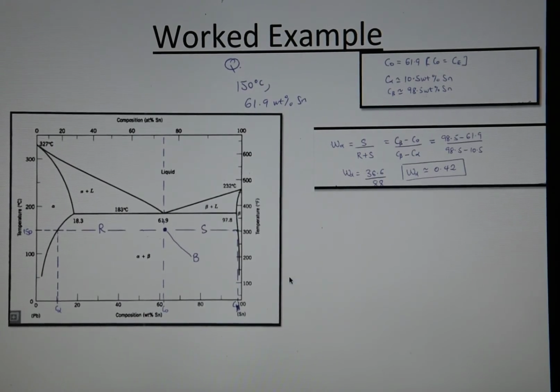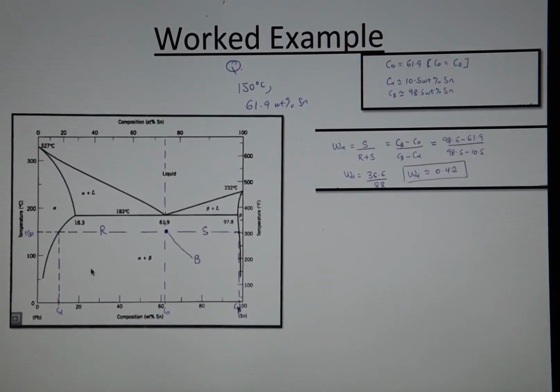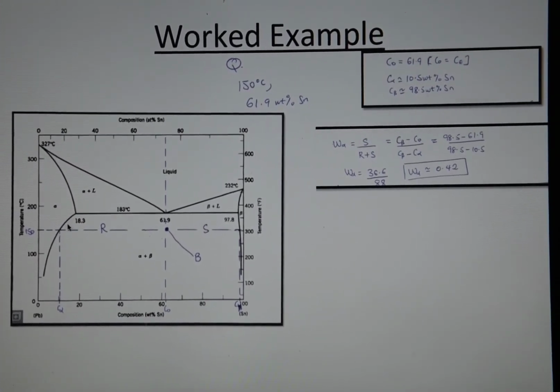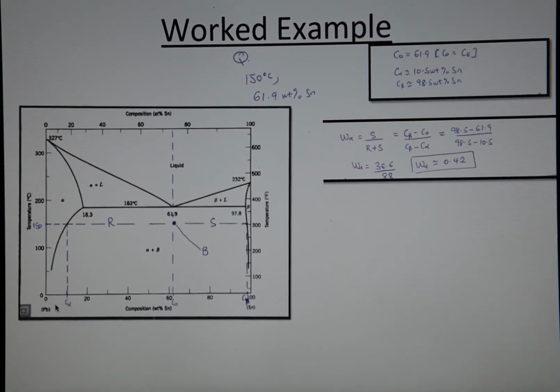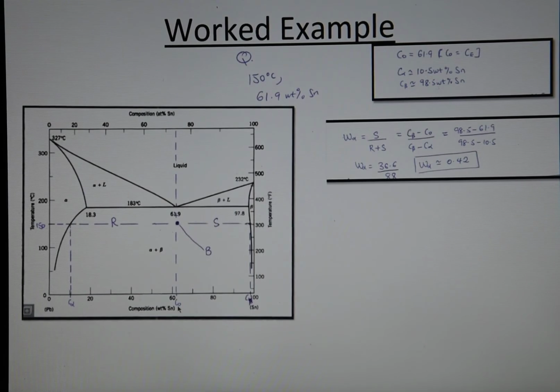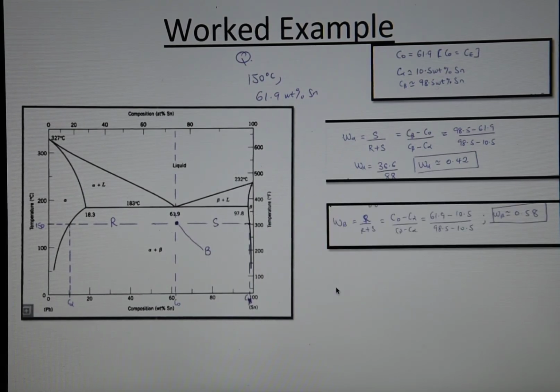So to get the weight fraction of beta, it's R over R plus S, which is C naught minus C alpha over C beta minus C alpha, which then gives 0.58, or you could just subtract 0.42 from 1 just to make sure that answer is correct, because the weight fractions always add up to 1.